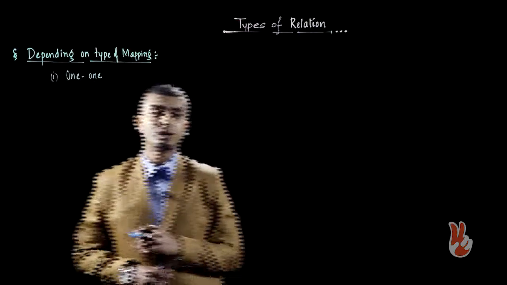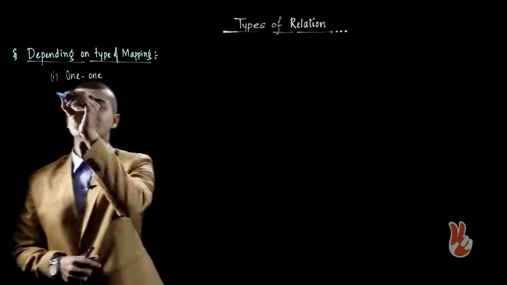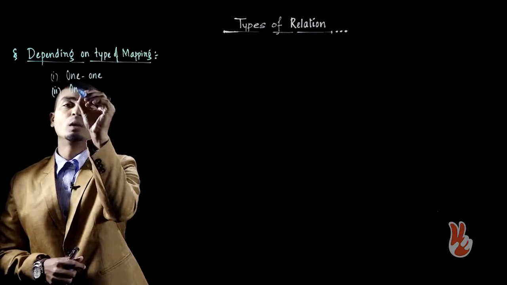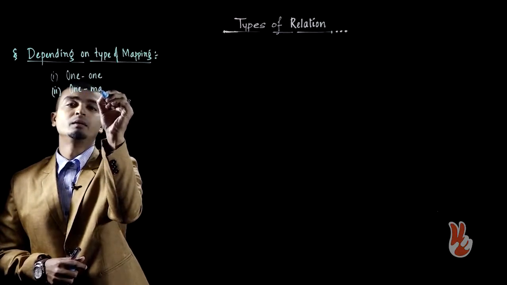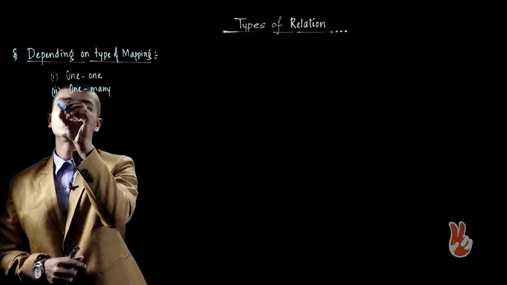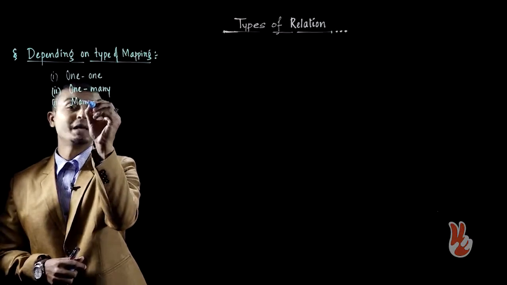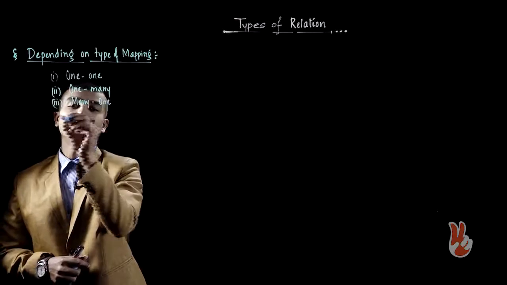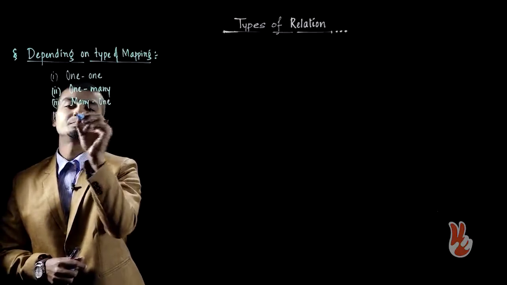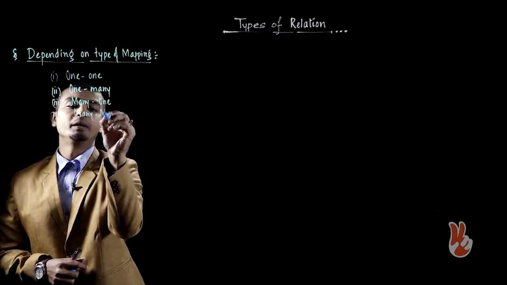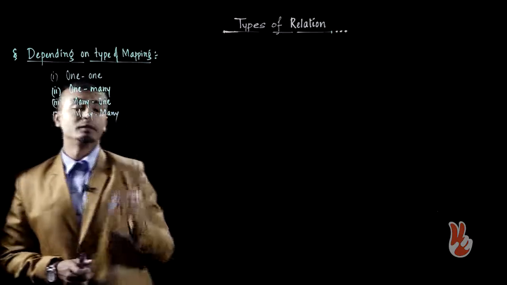1-1 relation, number 2 is 1-many relation, number 3 is many-one relation, and number 4 is your many-many relation.